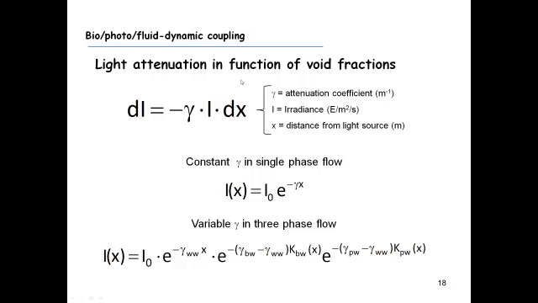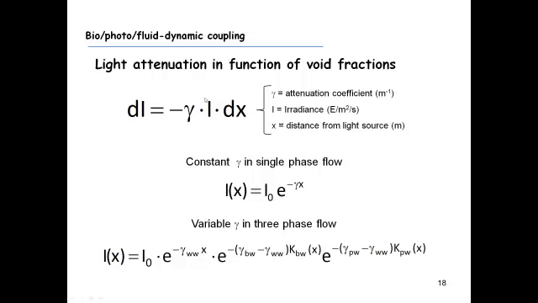But let us instead look at light attenuation, how light attenuates as a function of the void fractions. We can state that the attenuation is proportional to the intensity of light. I is the intensity of light, gamma is the attenuation coefficient, and x is the distance from the light source.